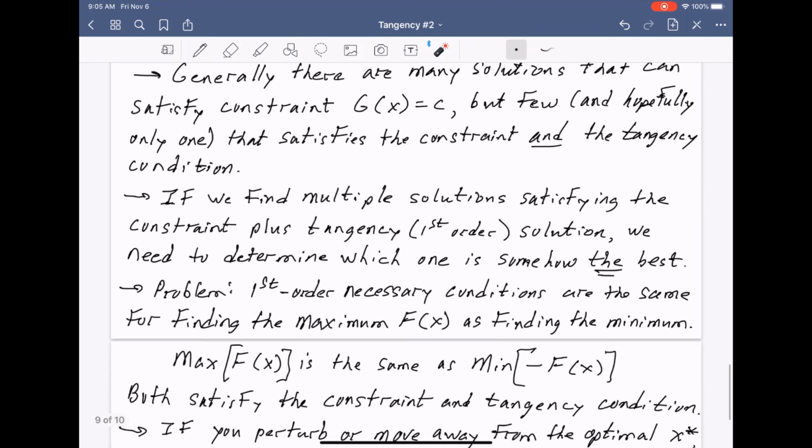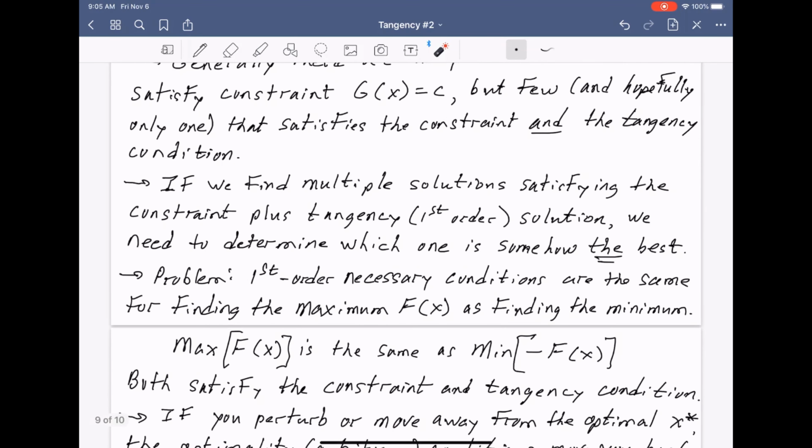And if we do find multiple solutions satisfying the constraint and tangency conditions, the first order solution in other words, we need to determine which of those is somehow the best. So the problem is the first order conditions are the same for finding the maximum of the objective function as they are for finding the minimum of the objective function.